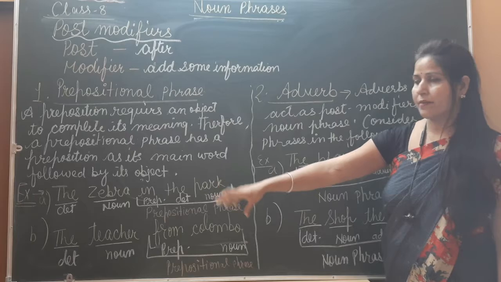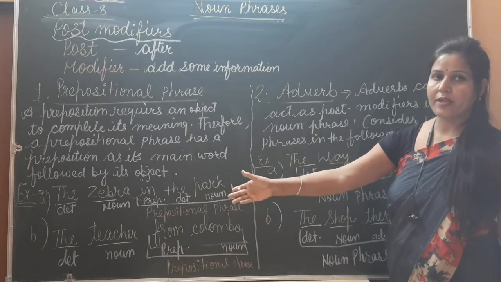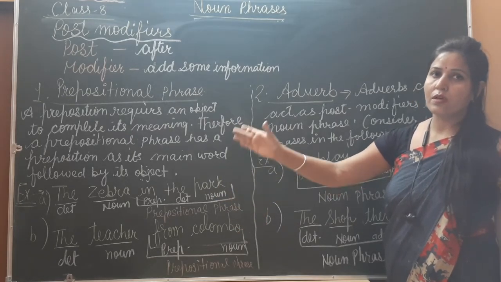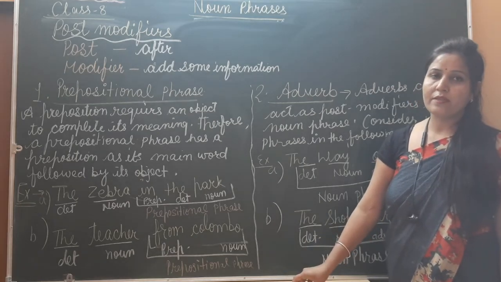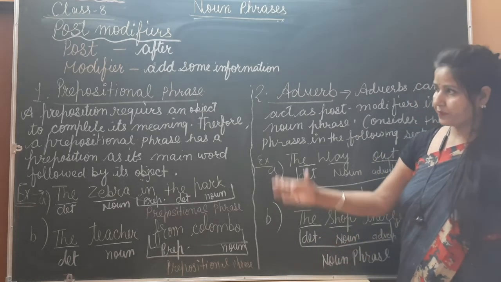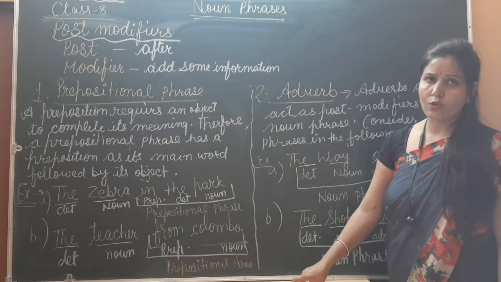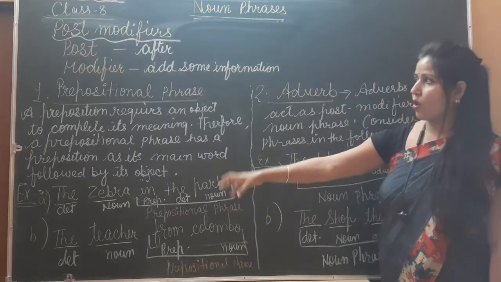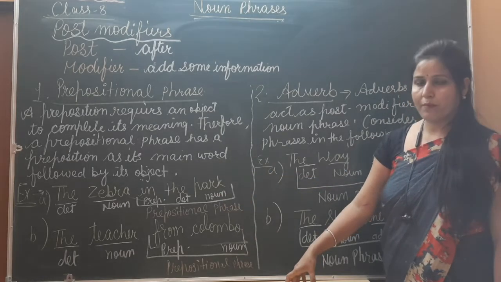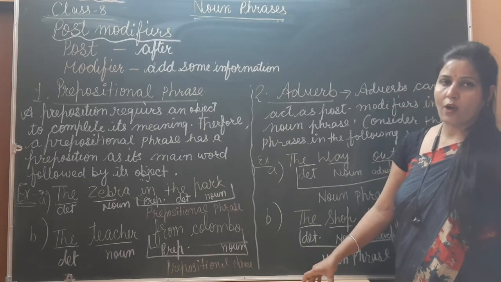Before teacher, a determiner is written, and determiners include articles. For understanding determiners, you can understand all determiners also. So both are examples of prepositional phrases, and a prepositional phrase acts in a noun phrase as a post modifier.